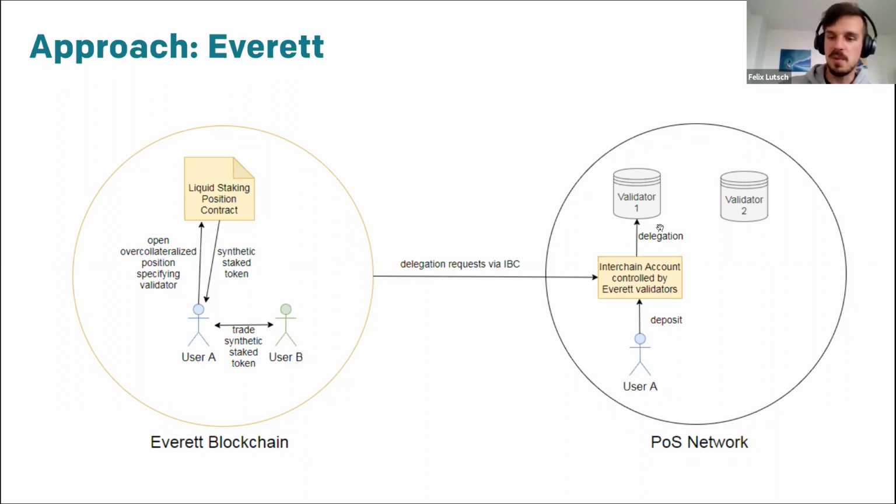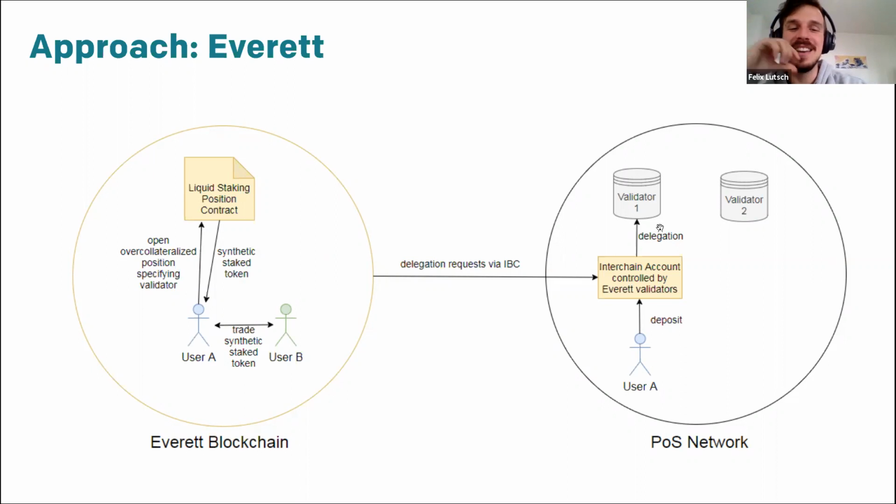By depositing into these accounts on the specific network that you want the liquid staking token to be on, you can open these over collateralized positions, liquid staking positions, and receive a synthetic stake token back while doing that. I'm always making the analogy to Maker, which Brendan doesn't like, but I stick with it.